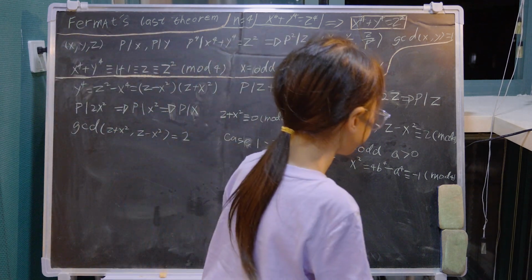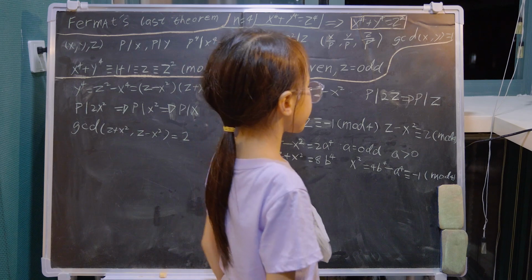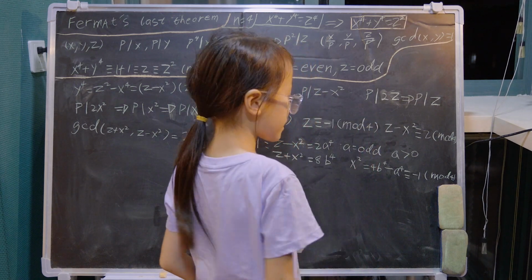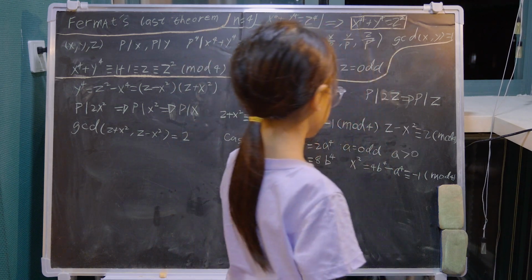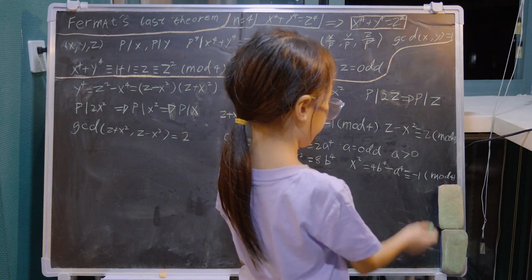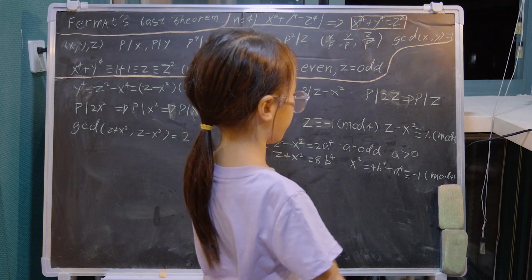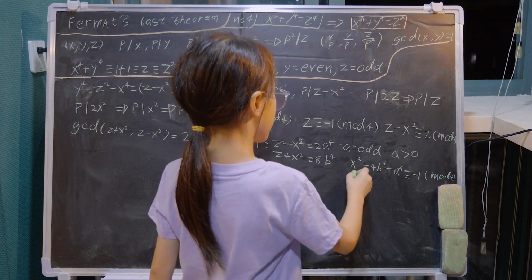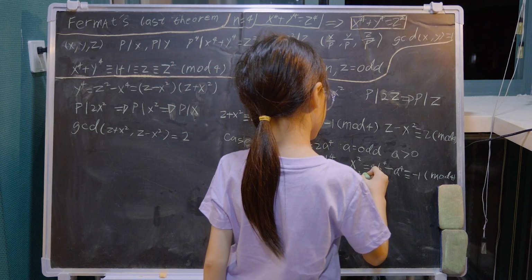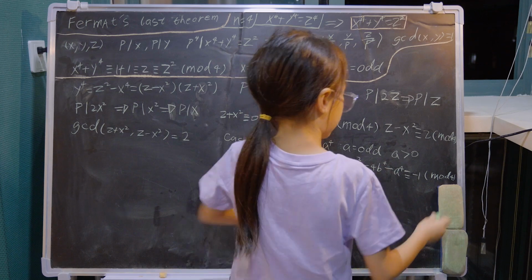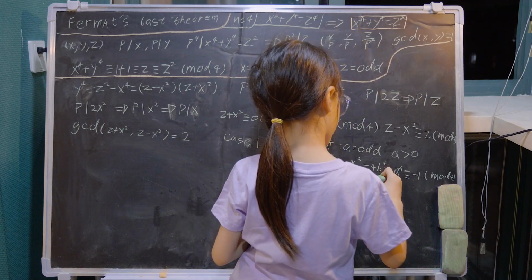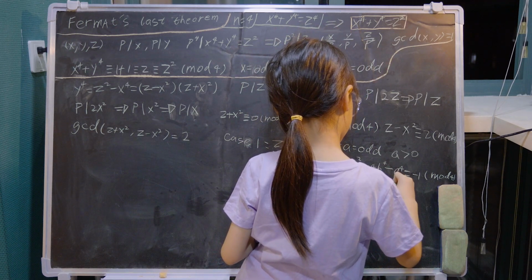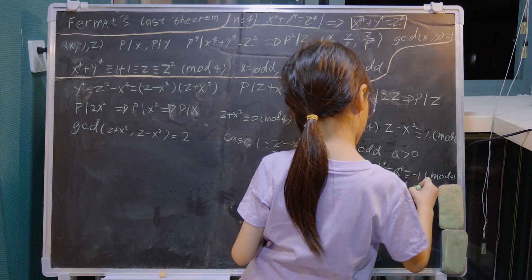So that tells us a to the 4 is congruent to 1 mod 4, so negative a to the 4 is congruent to negative 1 mod 4. But x to the 2 is congruent to 1 mod 4.